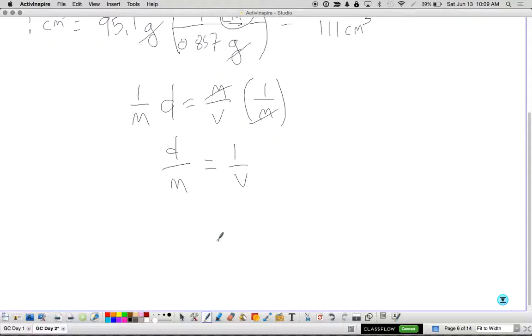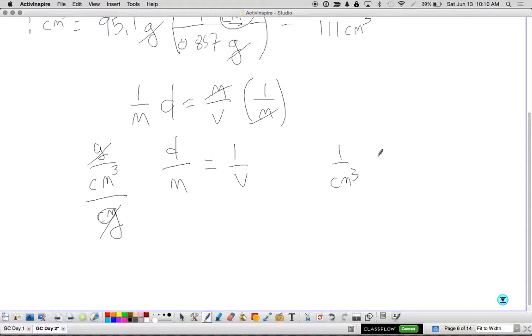If I plug my units in, this is grams per centimeter cubed over grams, so the grams cancel, and I end up with 1 over centimeters cubed.